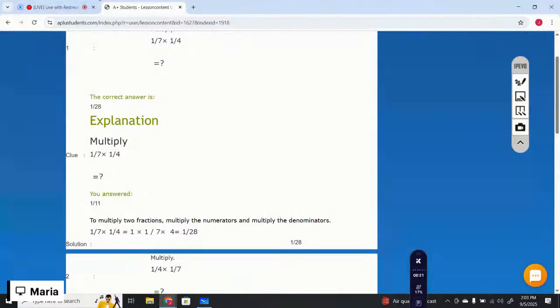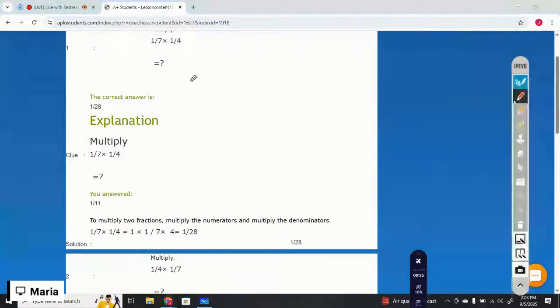Numerator times numerator and denominator times denominator. 1 times 1 is 1 and 7 times 4 is 28. That is 1 over 28.